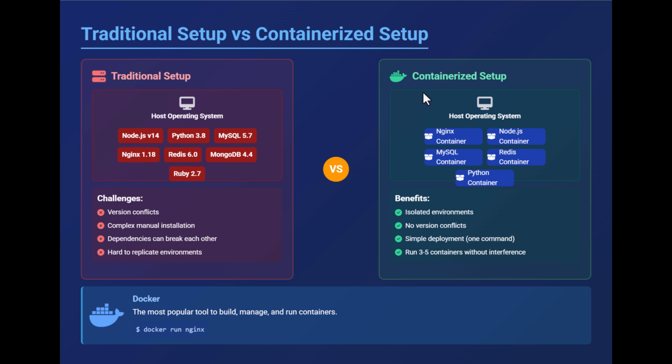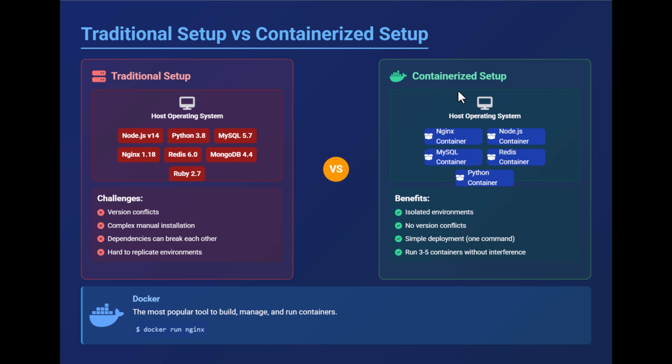Now let's see the containerized setup. Enter the modern approach, containerization using Docker. In this setup, every app and its dependencies are packed into a separate container. Think of them like self-contained units.